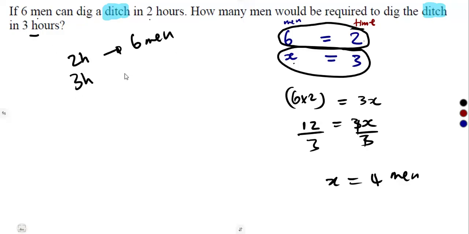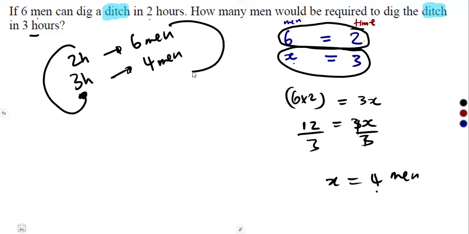We're supposed to get something which is more because it is increasing, but this is not. It is vice versa. Look, how many men? 4. When the time is increasing, the number of men is decreasing. You are answering these questions this way using that concept of a rate.